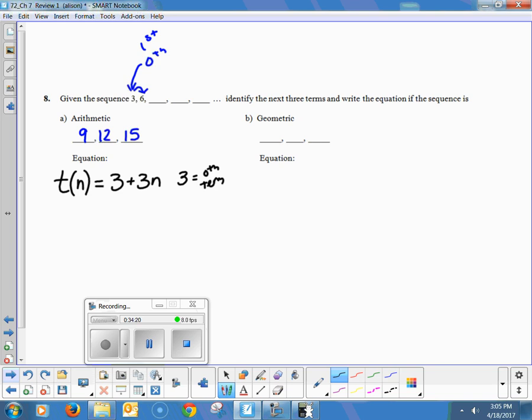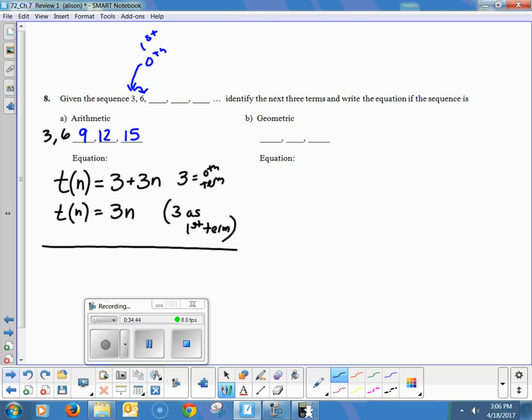If 3 is our first term, then we would have to back up because we'd have to start at 0. So t of n could be just 3n plus 0, and that would be with 3 as the first term. And notice you plug in 1 for n and you get 3.